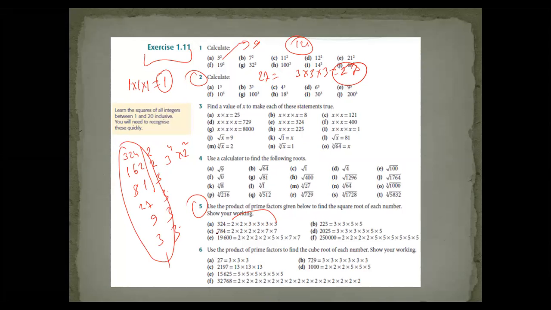And the second number of the exercise is 784.